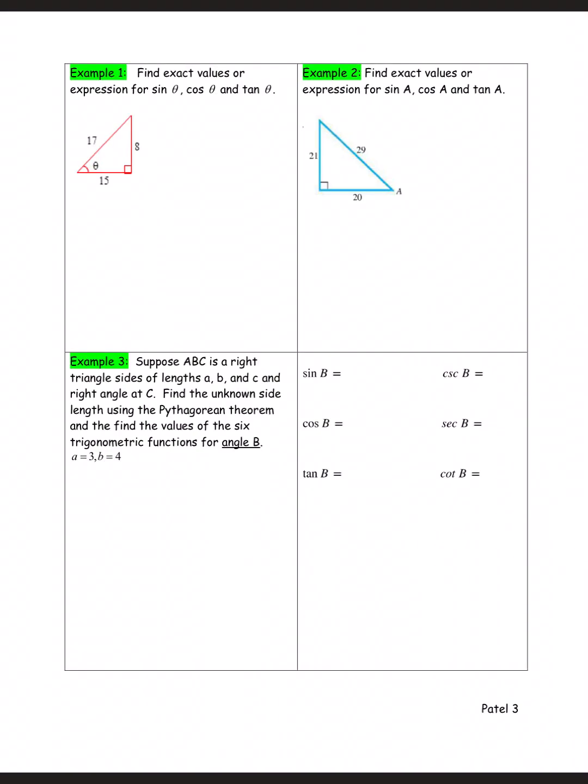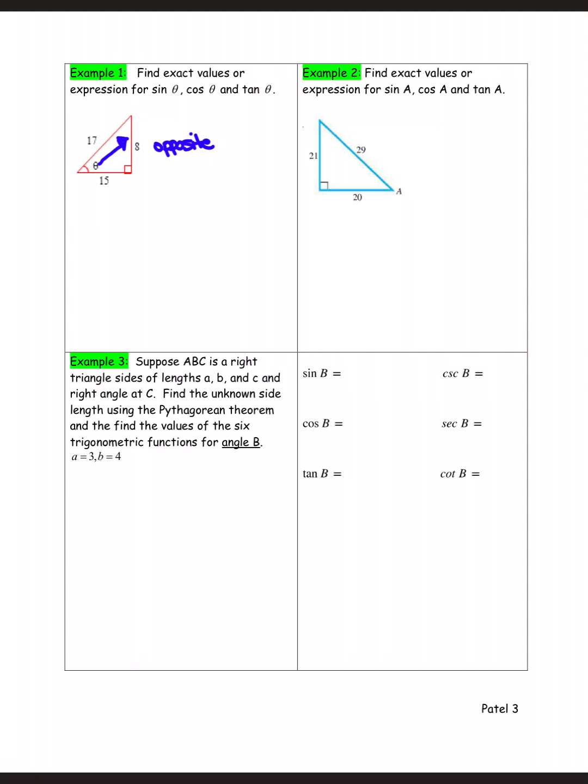So in this first example, notice that I already have the triangle labeled. We are doing everything in terms of theta. So what is opposite to theta? You just go straight across from that angle, and you see that that length is 8. So 8 is the side opposite theta.